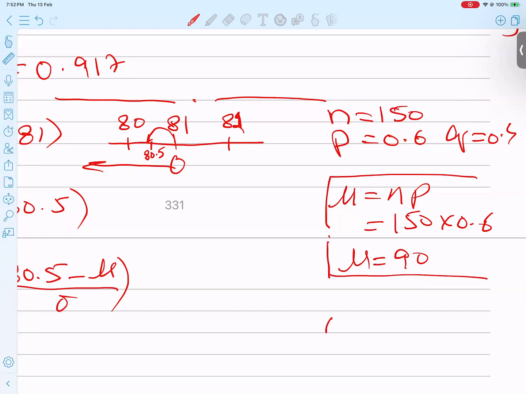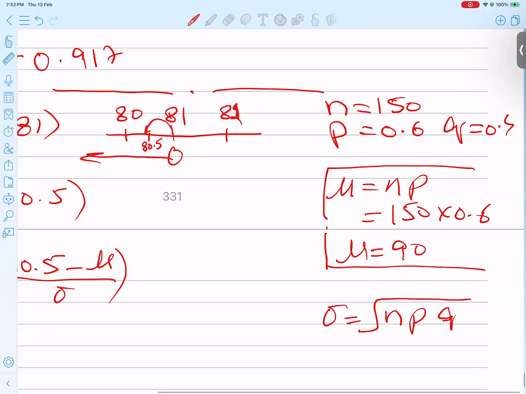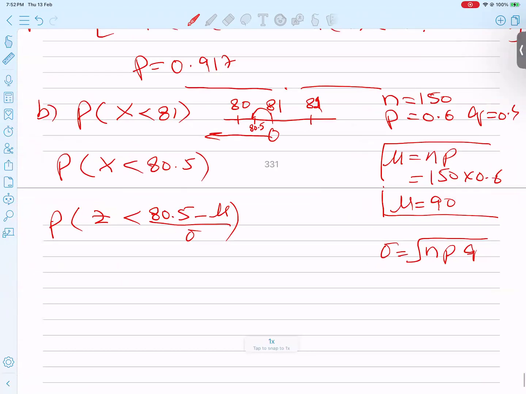Now, the same way, I'll go for deviation, root of NPQ. So when I plug in these values, let's see what happens. N is 150, P is 0.6, Q is 0.4. And if I check in the calculator after the whole process, I get 6, because the root of this one is 6.